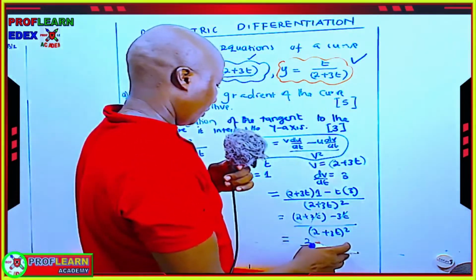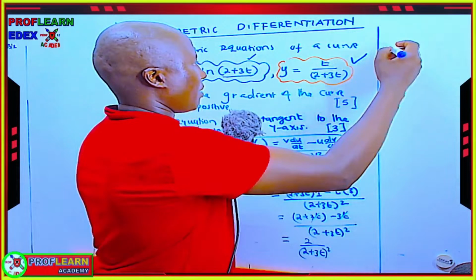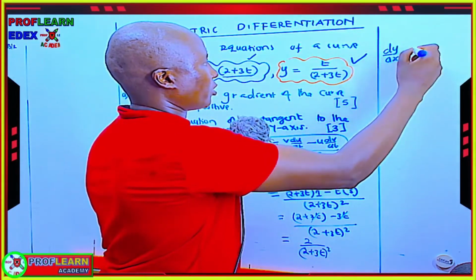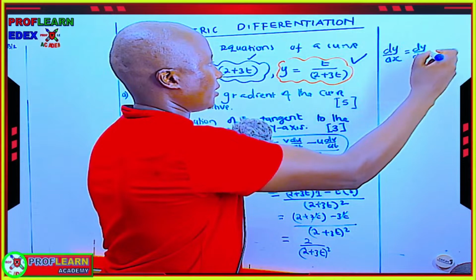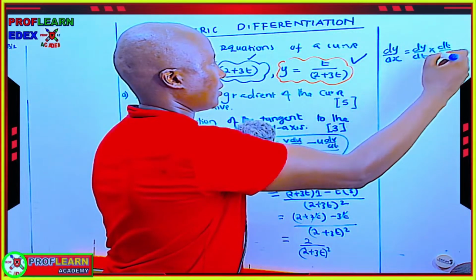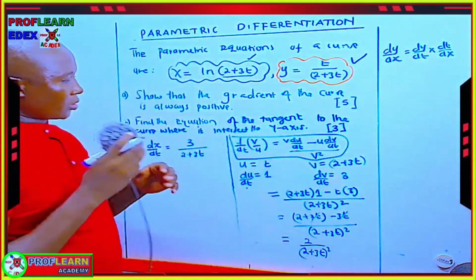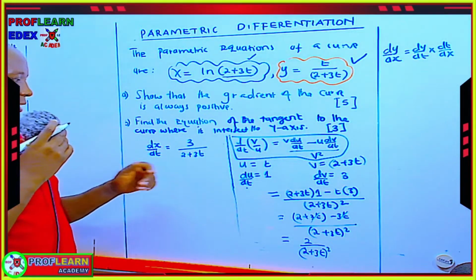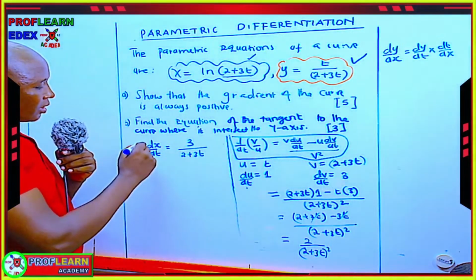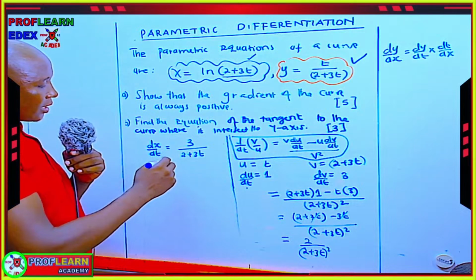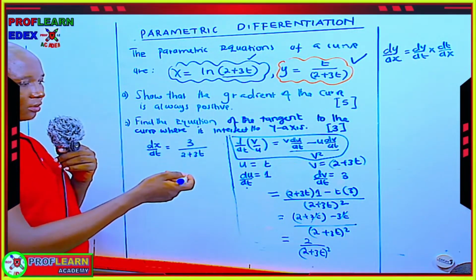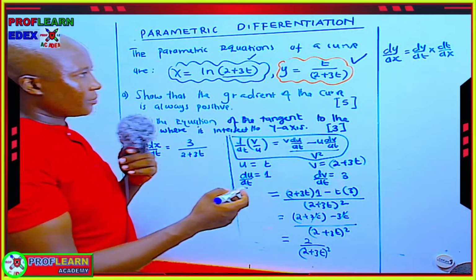Now, because we need dy/dx, it is going to be dy/dt times dt/dx. Because we have x as a function of t, meaning that we have dx/dt, if we want dt/dx, we find the reciprocal of this.